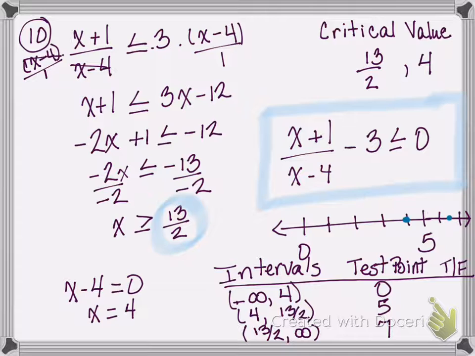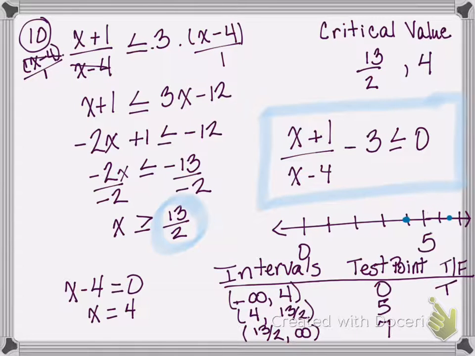What that's going to do is give me a negative number. It's actually going to give me negative 3 1/4, and negative 3 1/4 is less than 0. So this is going to give me a true statement. So in a minute, that will determine that our negative infinity to 4 is one of the parts of our solution. So that's what that true means.